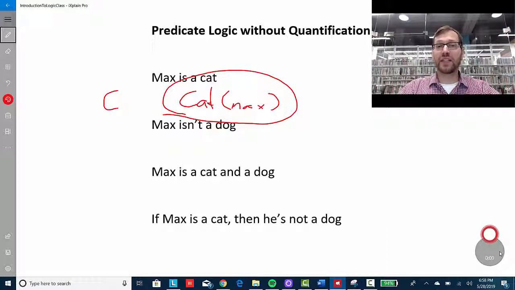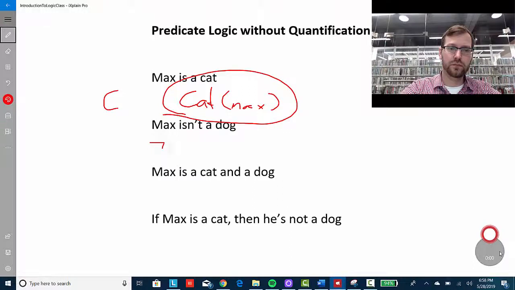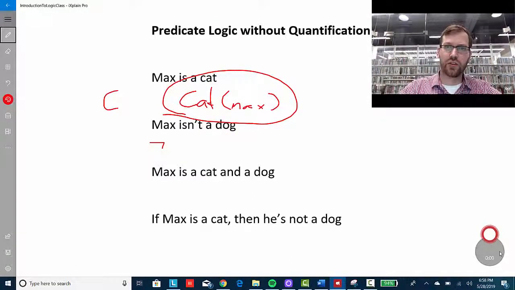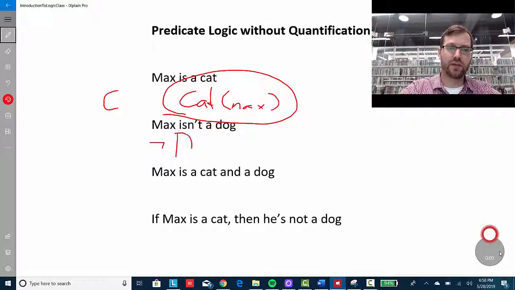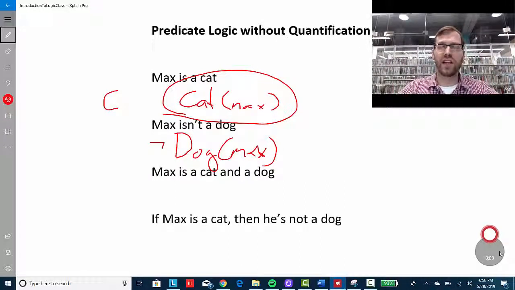Then Max isn't a dog. We still use that handlebar to represent the not or negation. Instead of cat as our predicate, now we have dog. And again, we have Max as our object. That says it is not the case that Max is a dog.